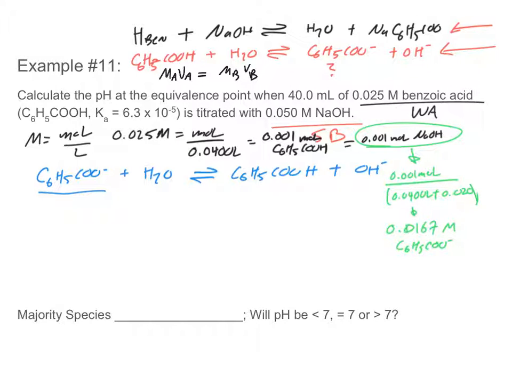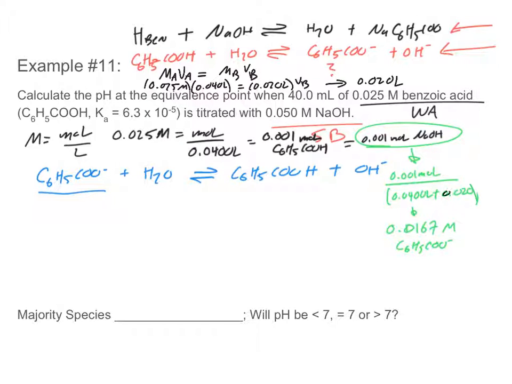So I use the 0.025 molar my acid and my 0.040 liters equals the concentration of the base that was added, which was 0.020 liters times volume of the base, which moved over to become 0.020 liters.